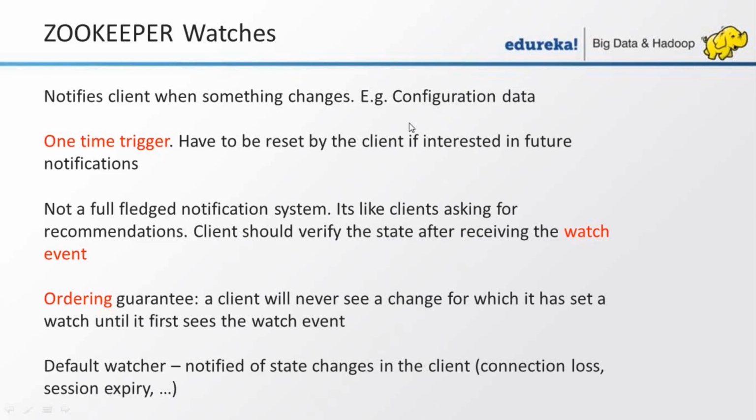That ordering guarantee is something ZooKeeper gives. Until you see the watch, you will not see the update. There are also default watchers notified of state changes in the client. If there is a connection loss or session expiry, it will get a watch event.